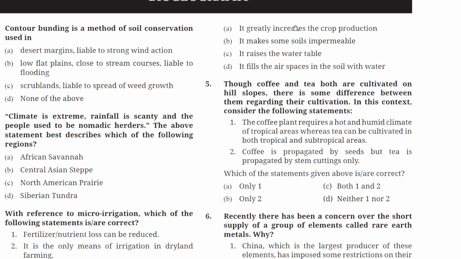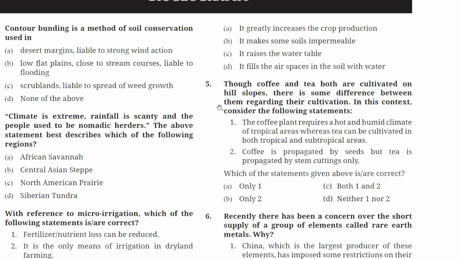Now salinization obviously has negative effects. It makes some soils impermeable. Yes, impermeability increases because of the solute formation by salts. It raises the water table? No, it doesn't raise the water table. It fills the air space in the soil? No, D is also not the option. So answer is B. It makes some soils impermeable.